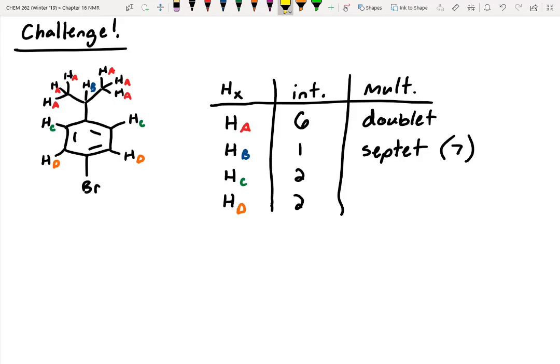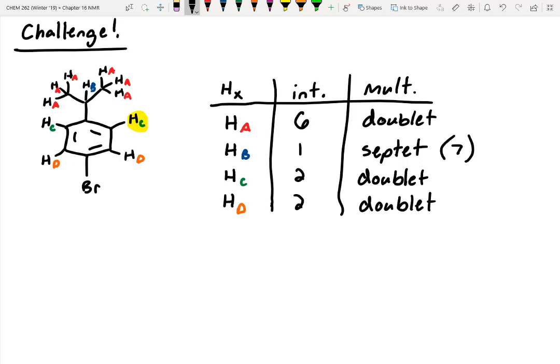And remember, this is the thing where students get confused, just focus on one of them. Don't focus on both of them, just one. A doublet. All right, and then last but not least, if we think about HD, what will that be? HD will also be a doublet.